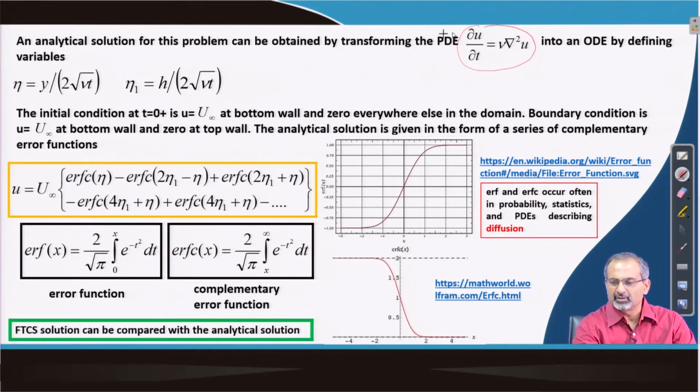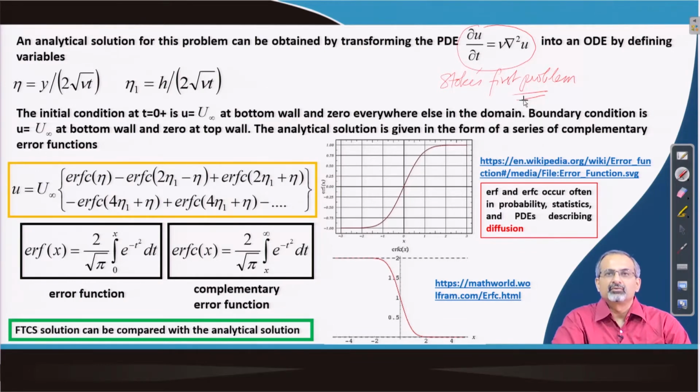So, we have our partial differential equation in this form for the fluid dynamic problem, the Stokes first problem, with the initial and boundary conditions that are there.